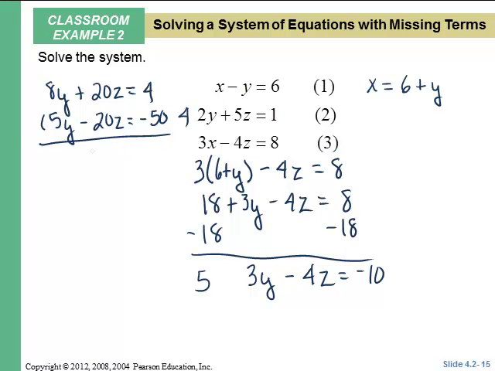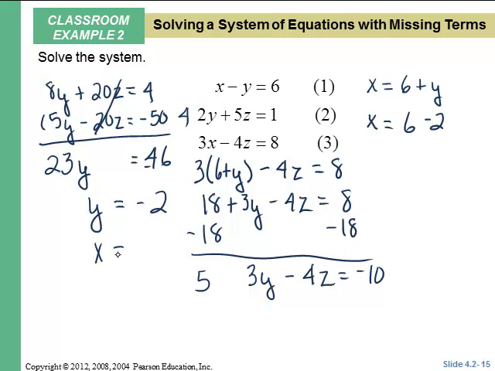Add these two together, this cancels, and we get 23y equals negative 46. So y equals negative 2. So if y is negative 2, 6 minus 2 is x, so x is 4.